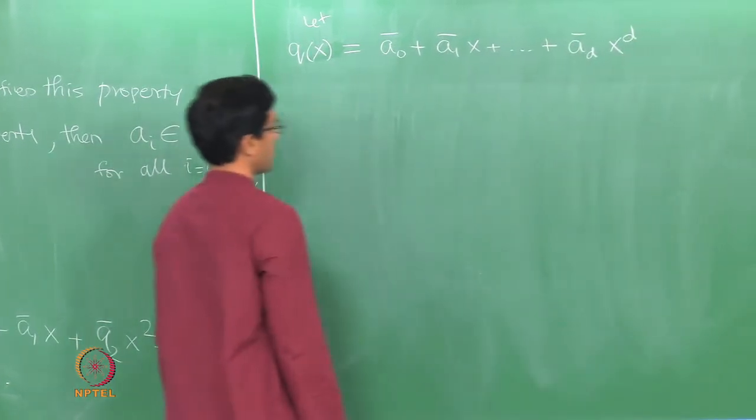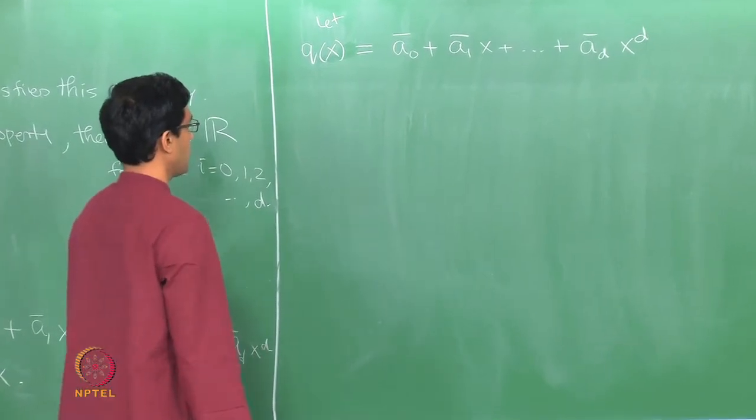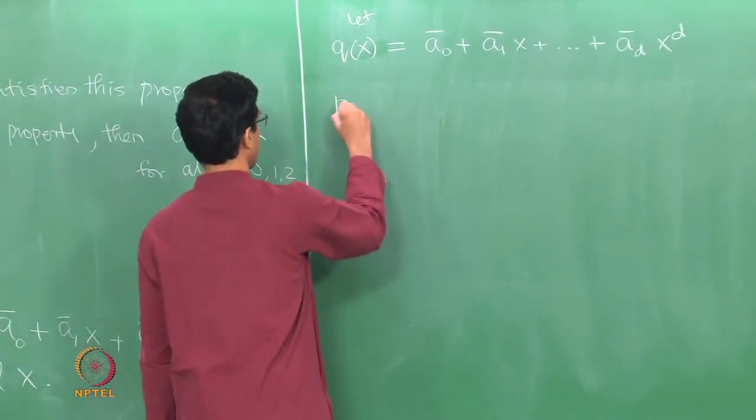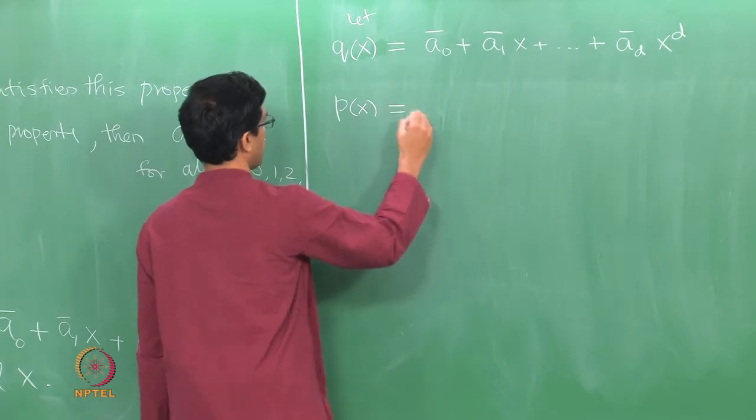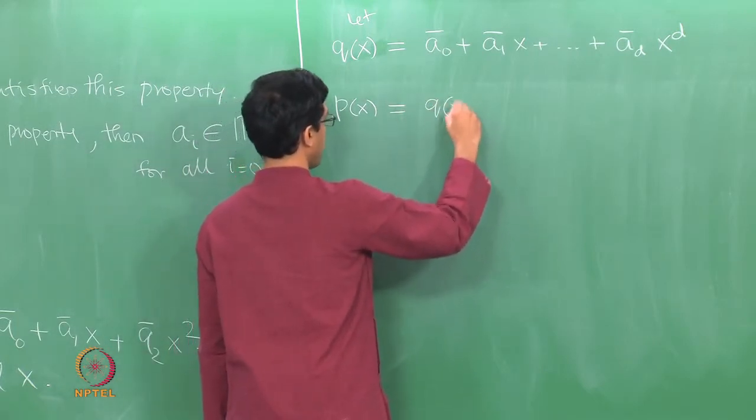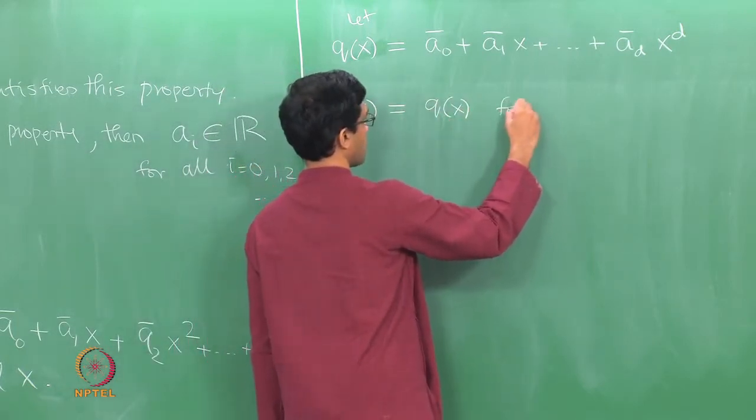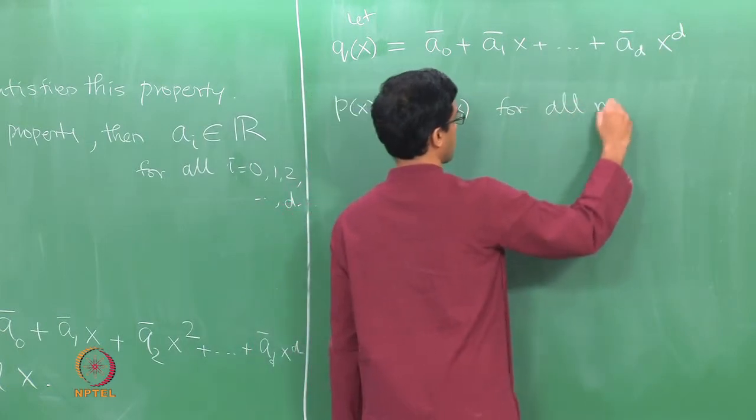Here is another polynomial of degree at most d, and what we are claiming is that the polynomial p and the polynomial q agree, they are equal for all real numbers x.